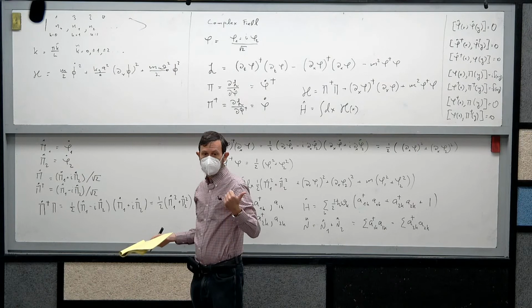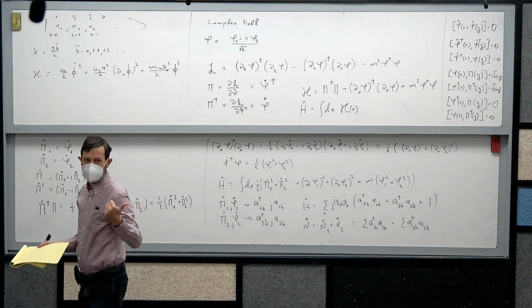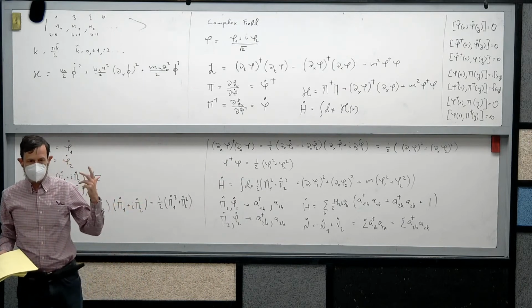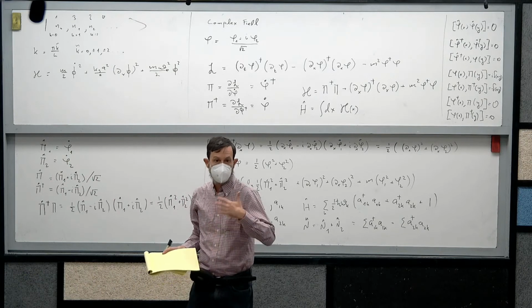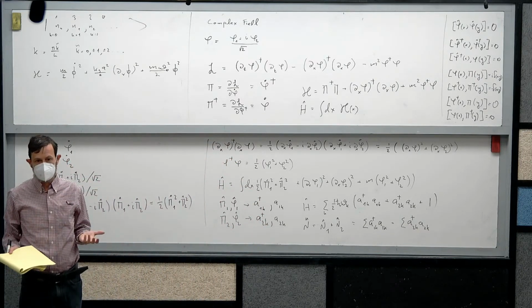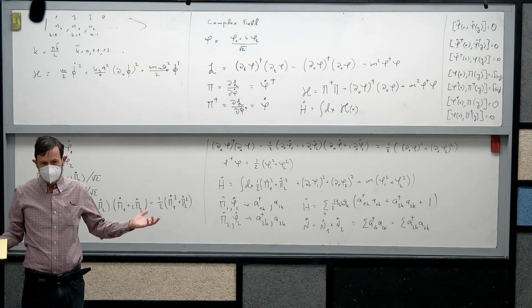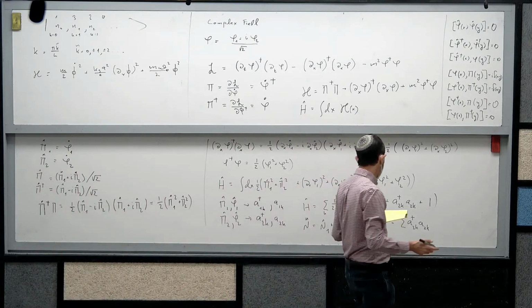If I put 5 particles of the first type in k equals 0, 2 at k equals 1, and so forth, and some other distribution for the second type of particle, it will be conserved.